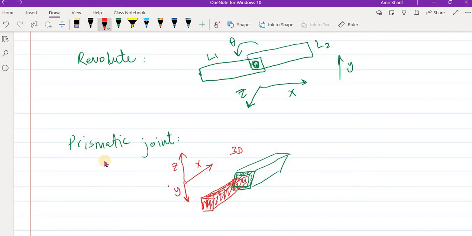You can see that there is only translation along the x-axis. This rod can move in and out, but there is no translation along the z-axis or the y-axis.